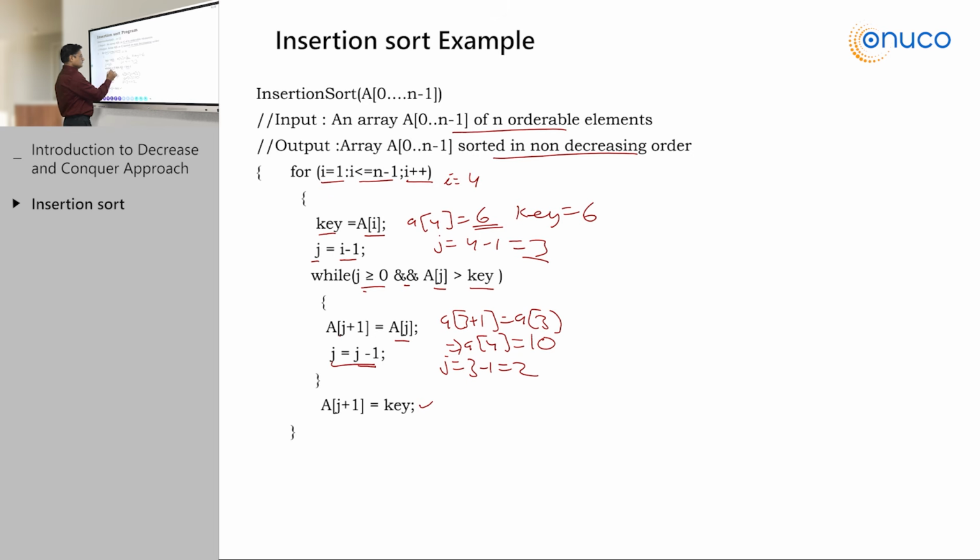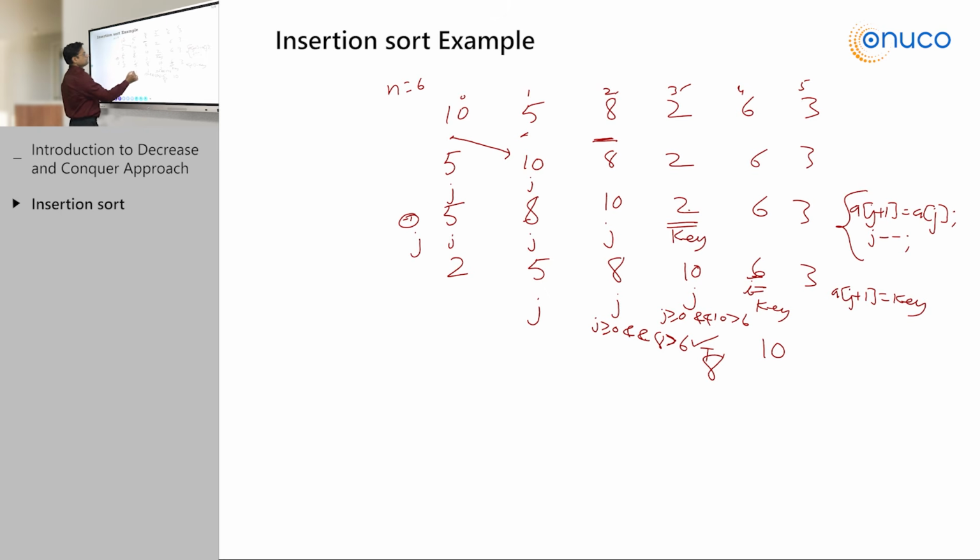We have already checked that 2 is greater than or equal to 0, and A of j, 8, is greater than 6. For A of j plus 1, we have already added that A of 3 is equal to 8. j is equal to 2 minus 1, which is 1. Again, we have to check those values. A of j is 5, the key element is 6.